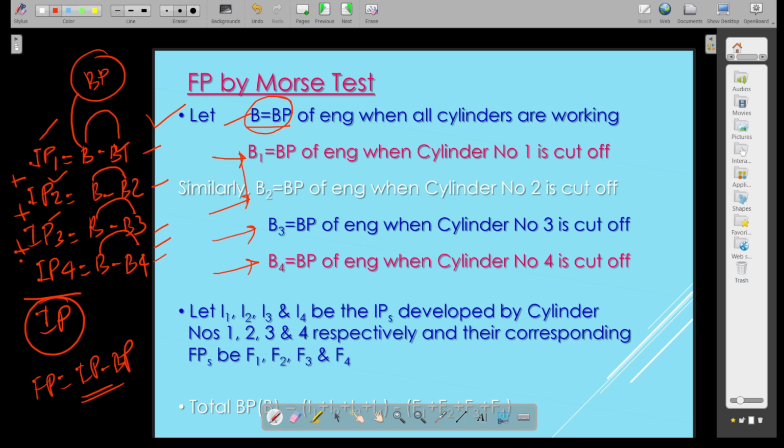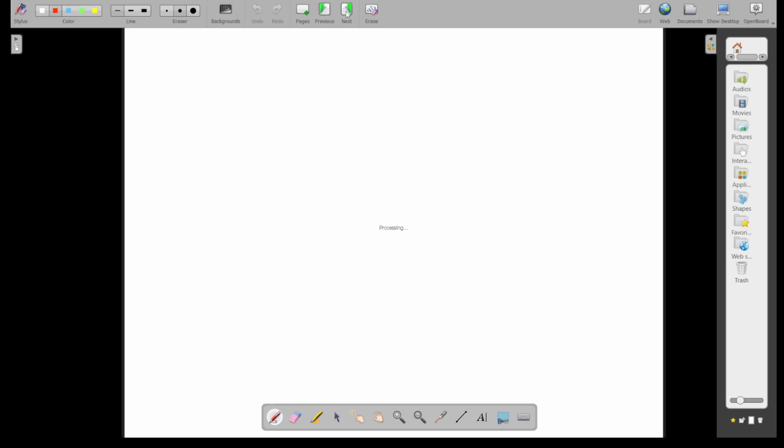So that is how the Morse test is being carried out.